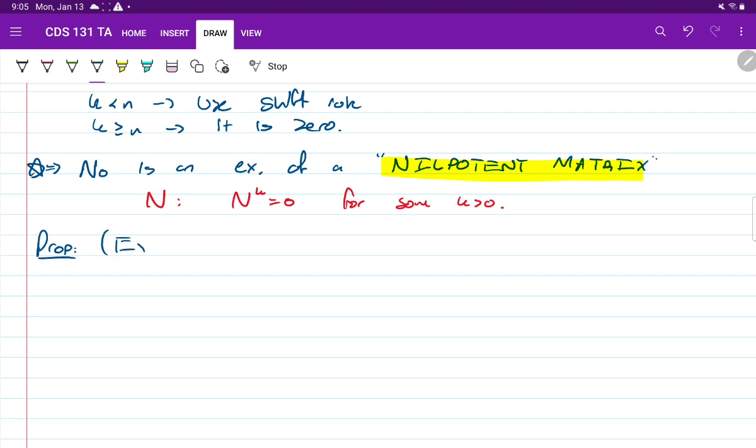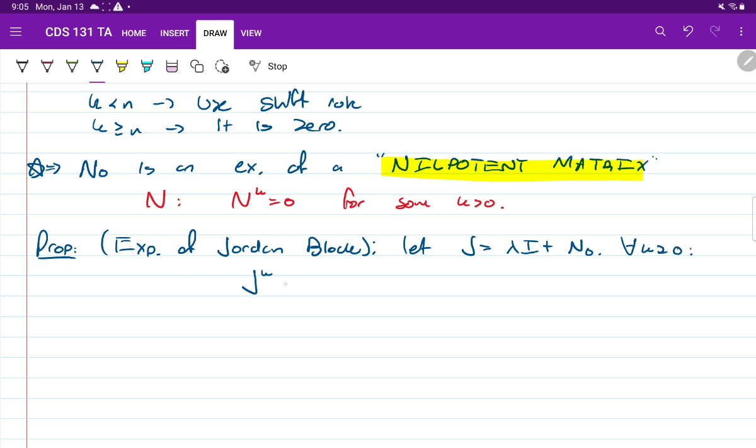Proposition, exponent of a Jordan block. We take a Jordan block, let J equal lambda I plus n naught. Then for all k greater than or equal to 0, J to the k is computable via the formula: the sum from j equals 0 up until k of k choose j, lambda to the k minus j, times n naught to the j.